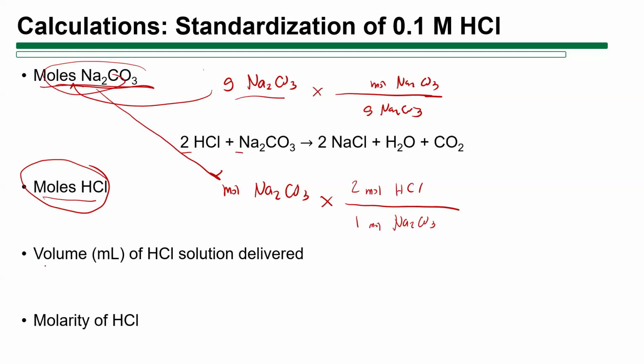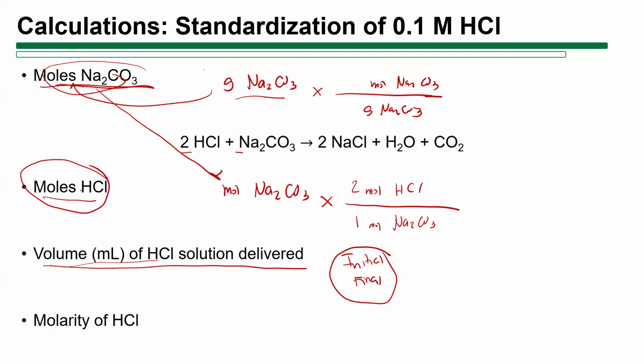Now, for the volume of the HCl solution delivered, remember you have an initial burette reading and a final burette reading. You will just subtract the initial from the final burette reading to calculate the volume of HCl solution delivered in mL.